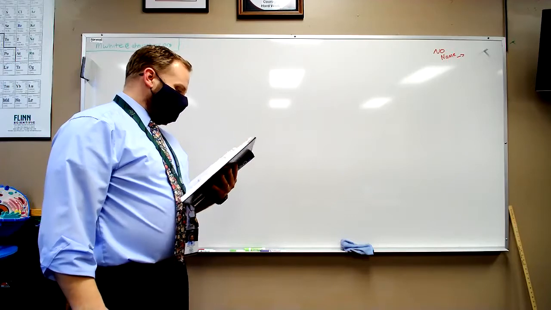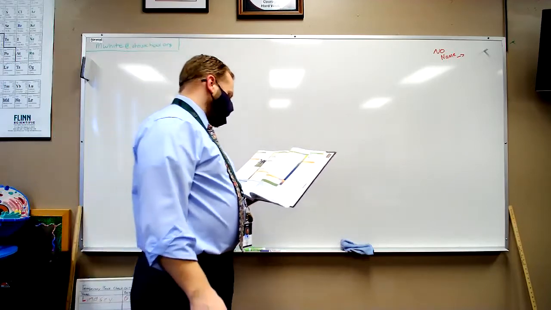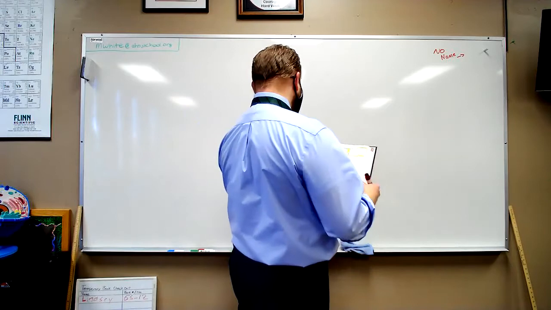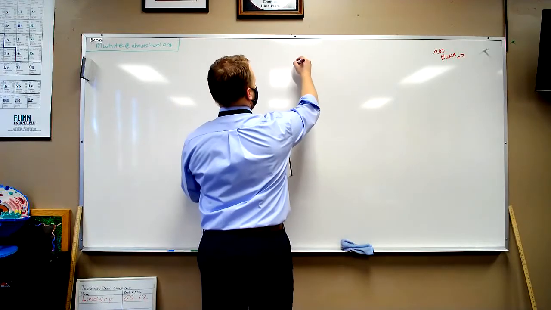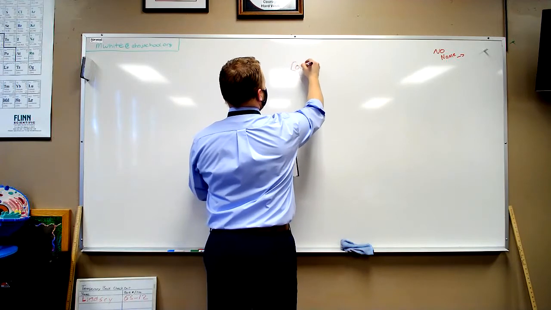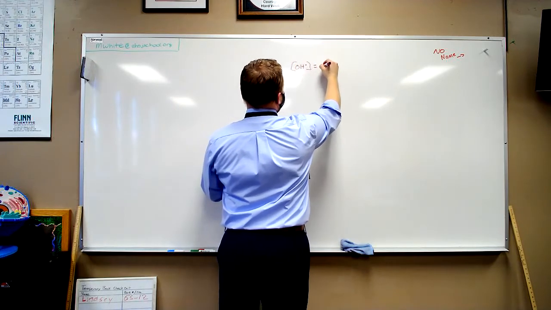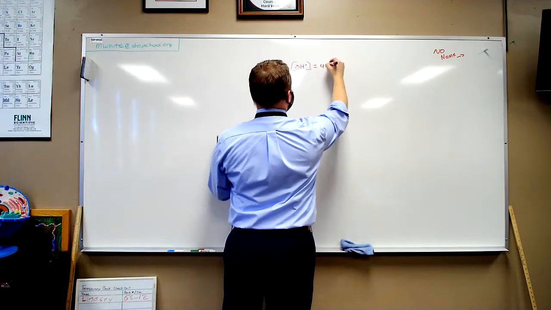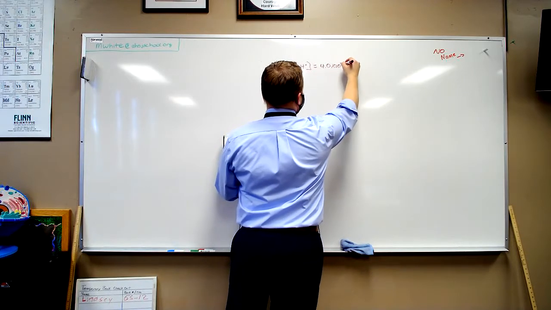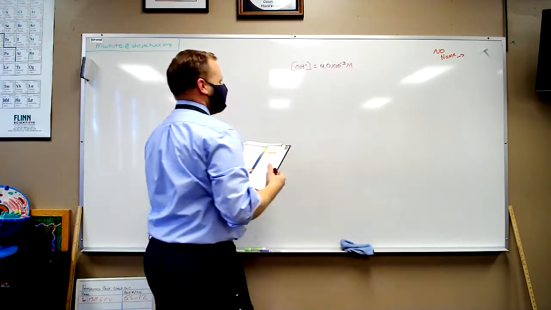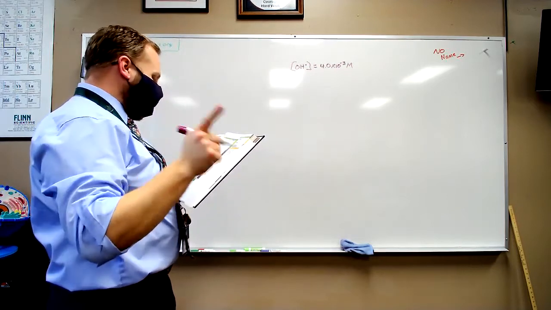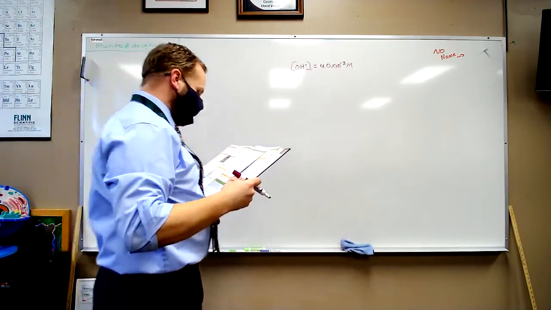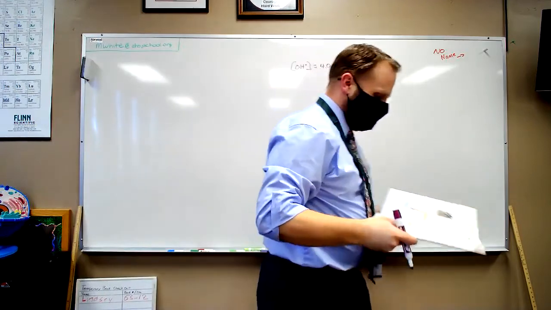A typical cleaner has a hydroxide ion concentration of 4.0 times 10 to the minus 3 molar. Calculate the pOH and pH of a cleaner at 298 Kelvin.